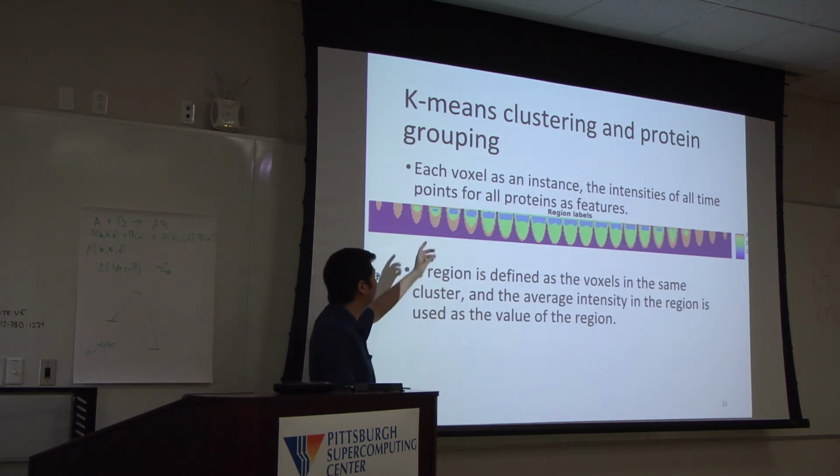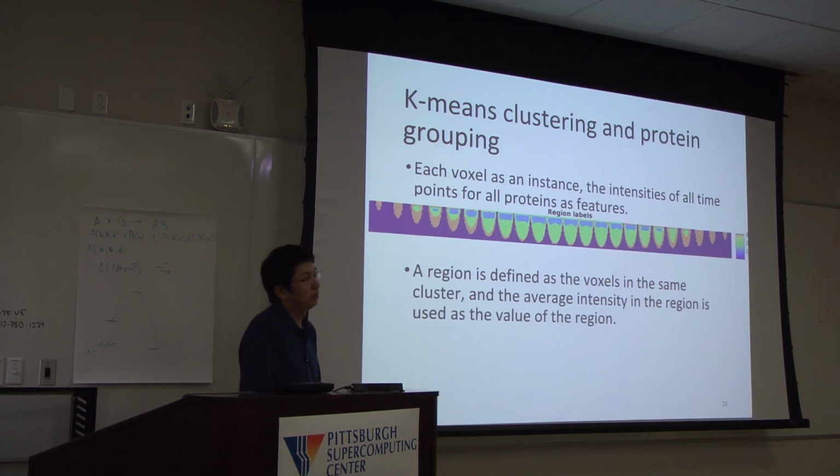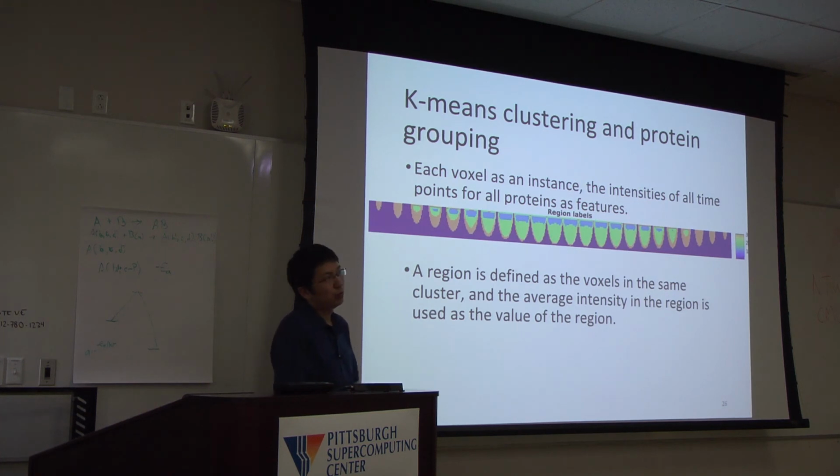And another thing is that if we use more regions, it will increase the complexity of the data. Because here we only have 3 regions for each protein. If we have 8 groups, this is only 24 variables. If we have 100 regions, then we have 2,400 variables. This is a very large scale problem.